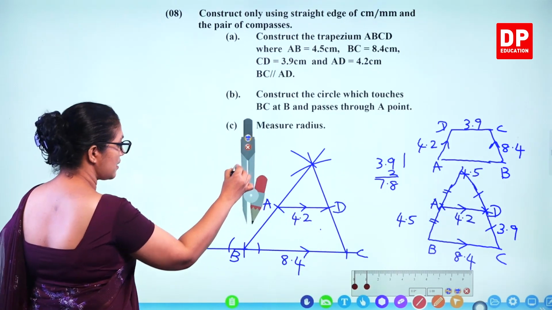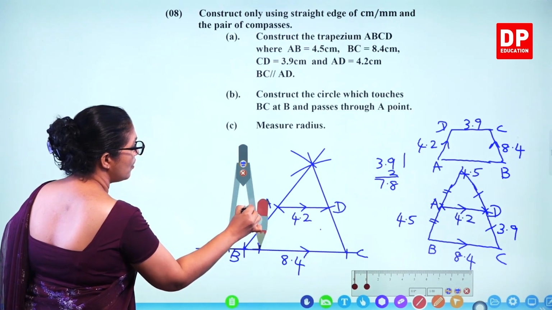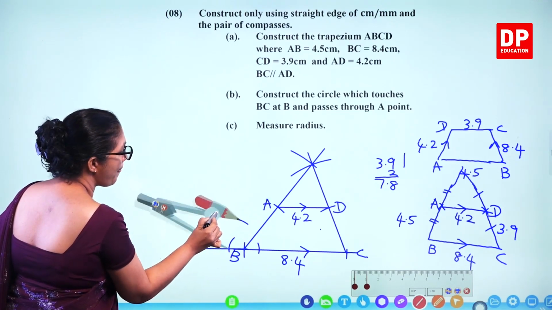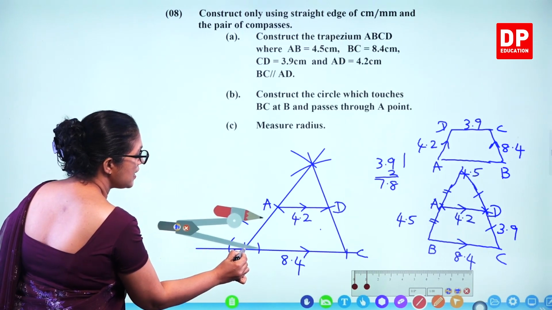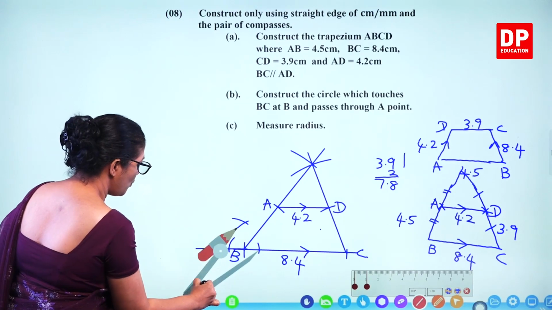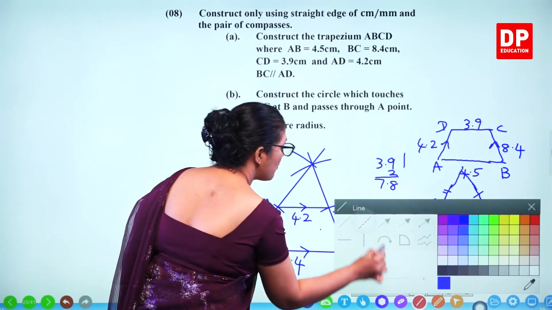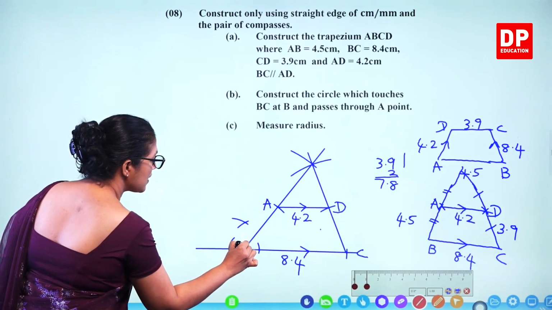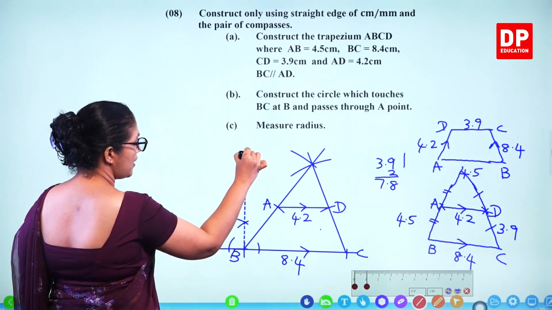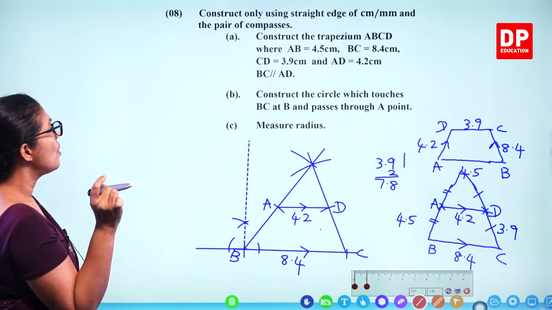Now you can take the length and draw an arc in the middle, and again keep it here and draw the other arc. Now you can extend. So I'll draw a broken line. So that's the perpendicular.